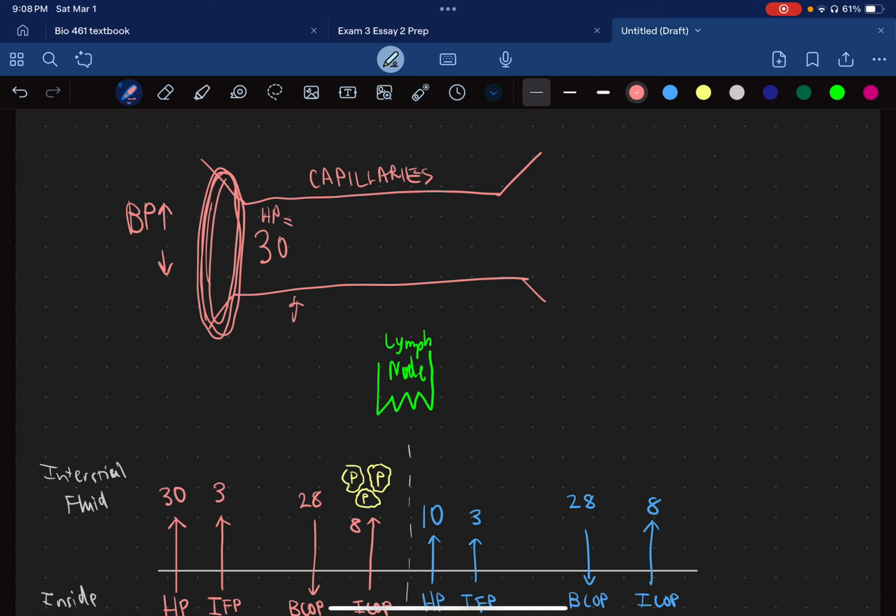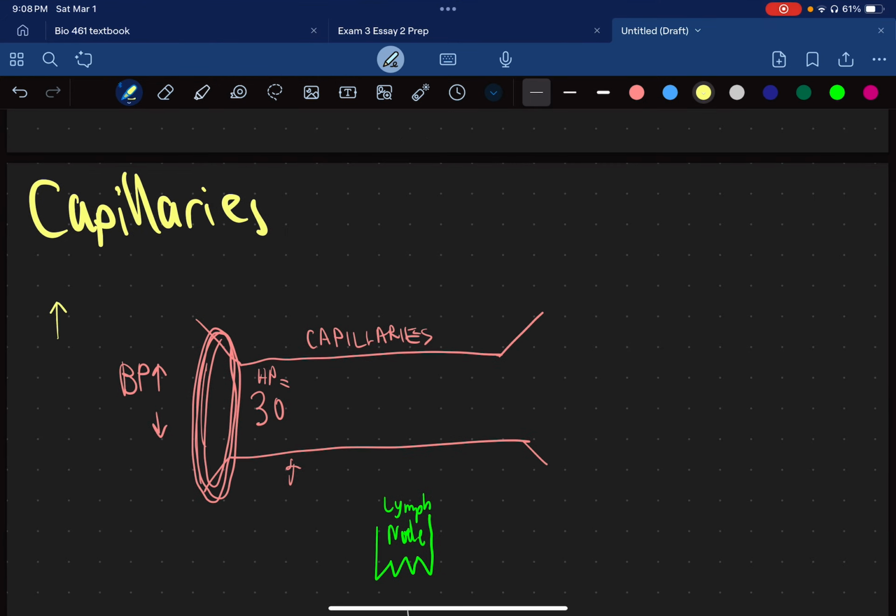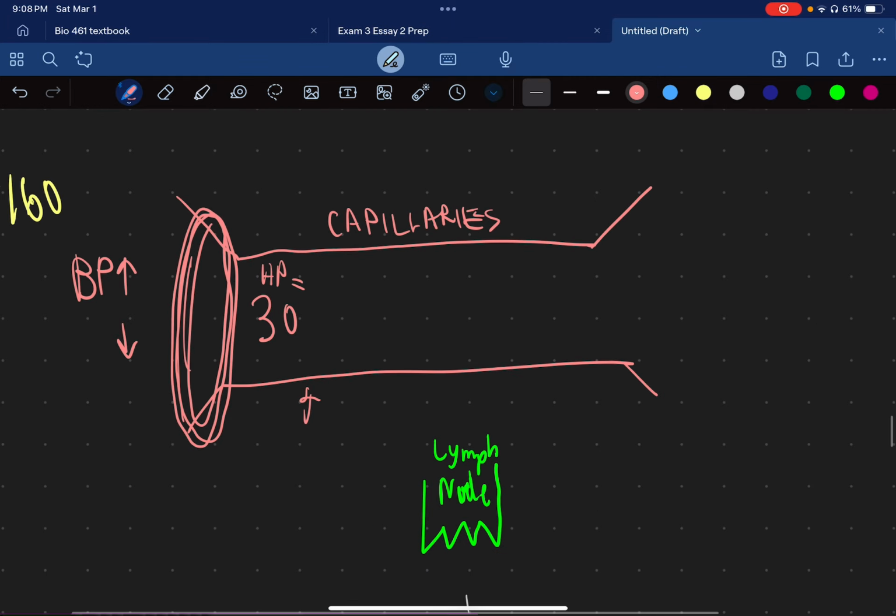But if our systolic blood pressure stays above a super high number such as 160, so if it's out above 160 out here, eventually that can override and push enough pressure in, even though the sphincter is there, to cause our hydrostatic pressure to go up.